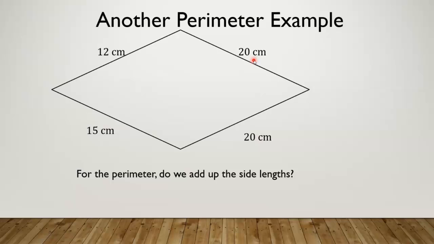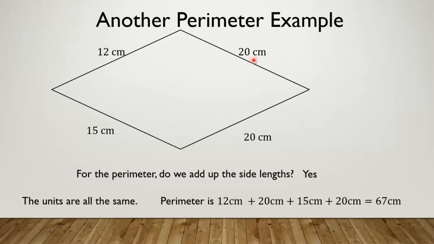So we can just add up the side lengths. And if we do that, we get 67 centimeters. So that's the perimeter of this polygon. It's a polygon because it's made up of straight sides. And it's closed, as I said before.